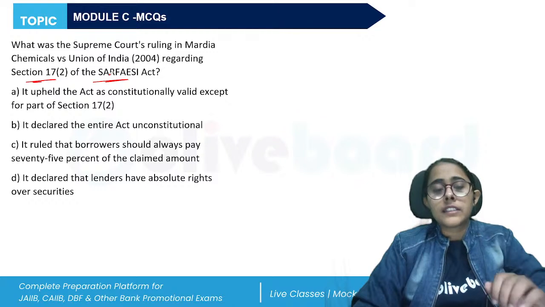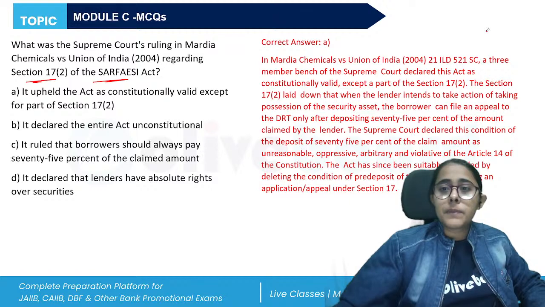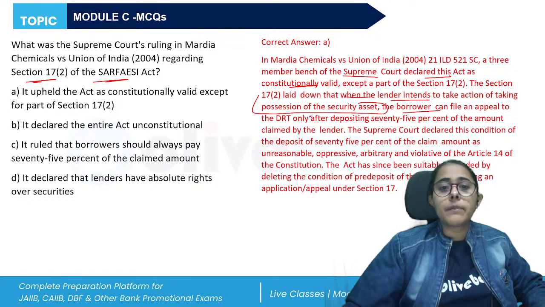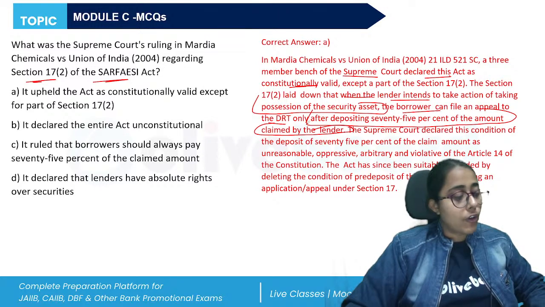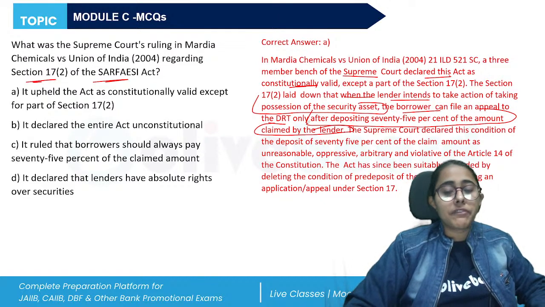Okay, so the correct answer is option A, that is, it held the act as constitutionally valid. In this particular case, a three-member bench of the Supreme Court declared this act as constitutionally valid. This section laid down that whenever the lender intends to take possession of a security asset, the borrower can file an appeal to the DRT only after depositing 75% of the amount that is claimed by the lender.